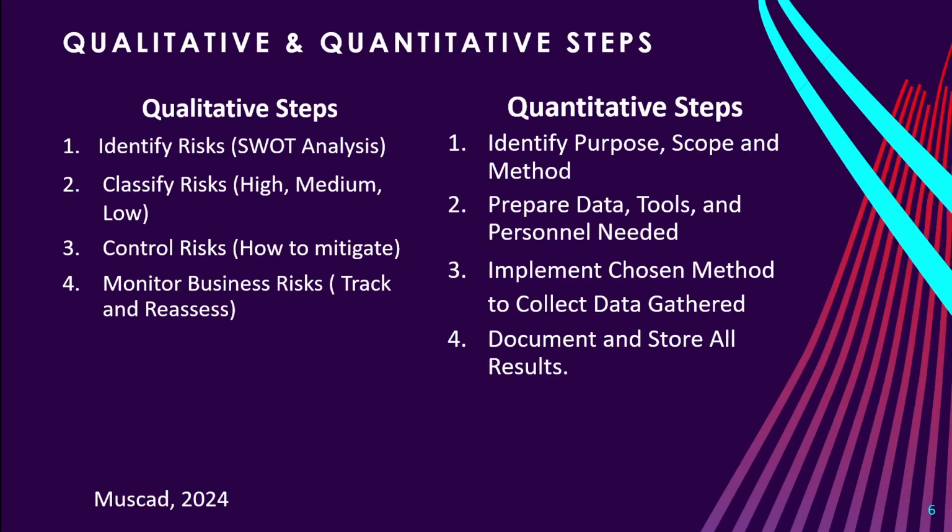Qualitative risk analysis is a fundamental step in identifying and addressing uncertainties in project management. It enables teams to understand risk qualitatively without needing in-depth statistical data. There are 4 steps involved in the qualitative process.